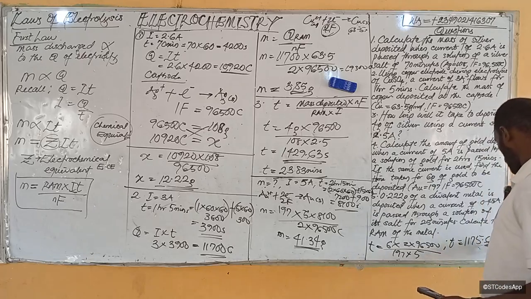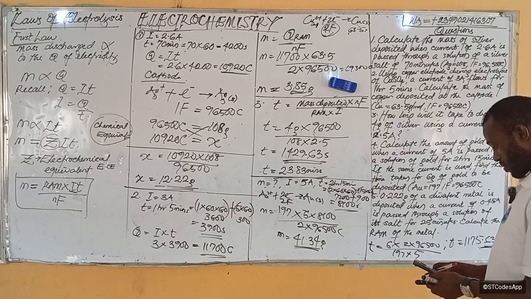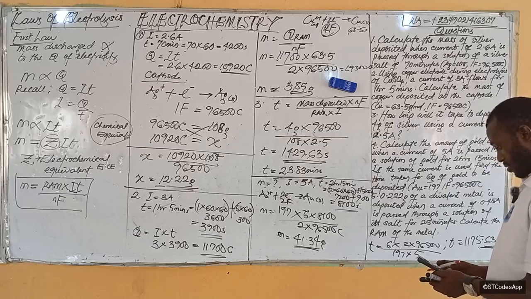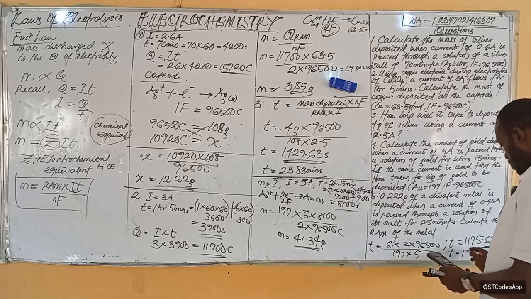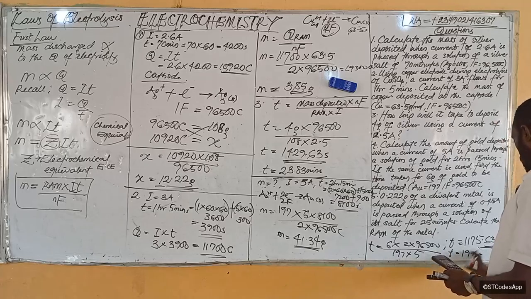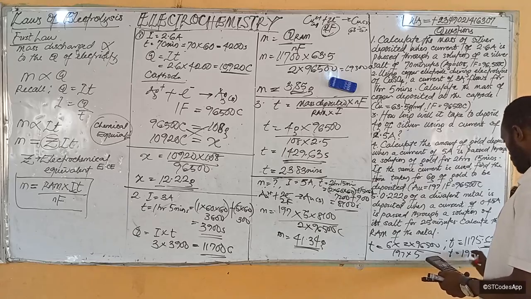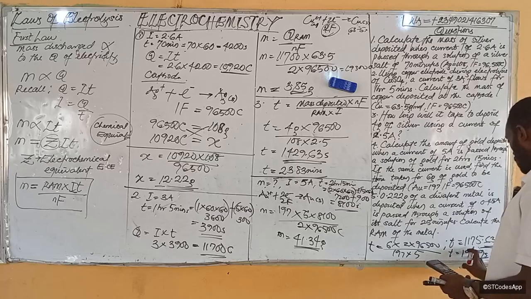So this is in seconds. A minute, divided by 60, is equal to 19.59. 19 minutes, 59 seconds.